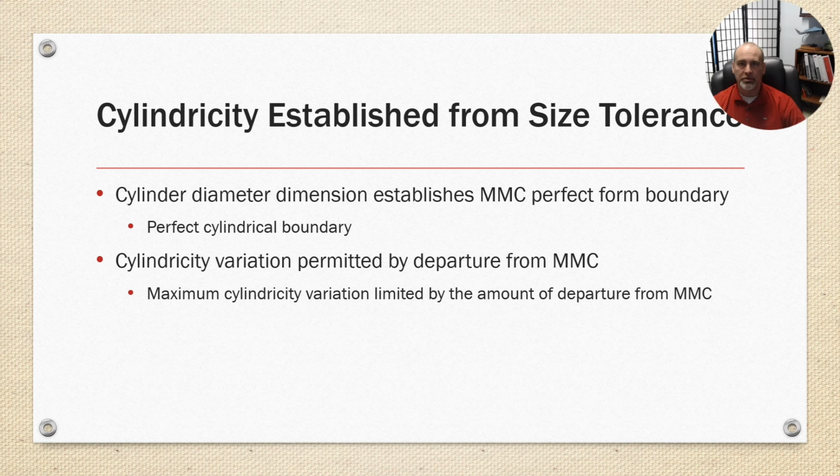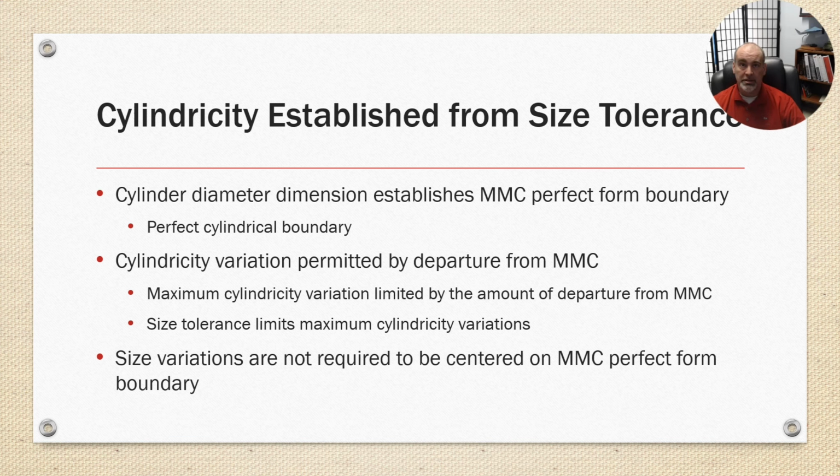So the maximum cylindricity variation is limited by the amount of departure from maximum material condition. If you're closer to least material, you have more bonus. Size tolerance limits maximum cylindricity variations, and the size variations are not required to be centered on an MMC perfect form boundary.